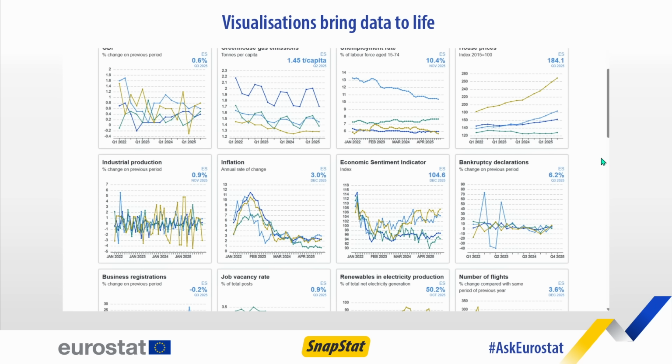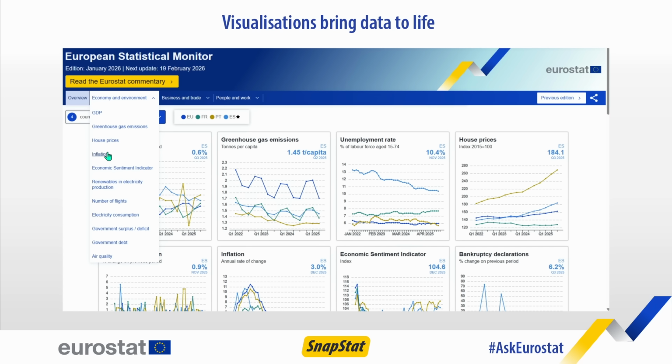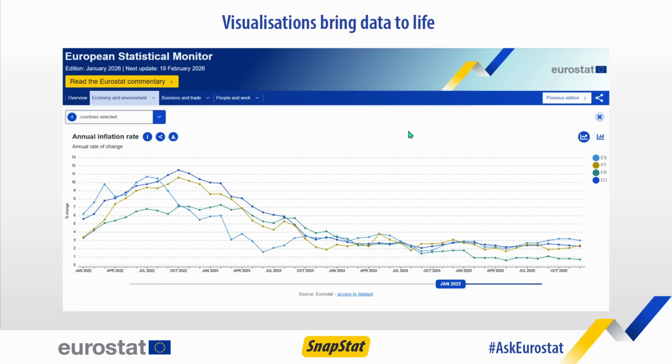I am curious about checking the development of prices in Europe, so I will select the indicator on inflation rate. I can do so by selecting that directly from the overview or on the top menu. Here I will have my line chart.